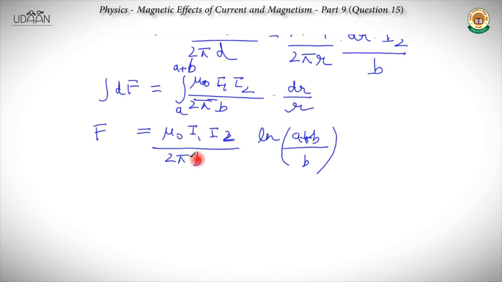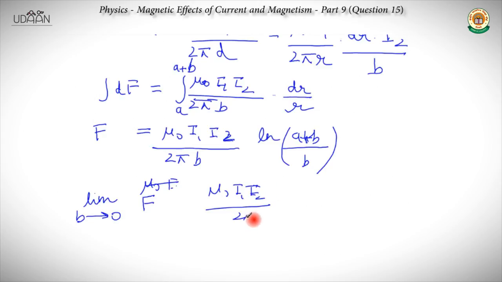So we find the limit as b tends to 0 for our force. These are all constants like mu naught I1 I2 by 2 pi, we don't need to consider them because they come out of the limit.